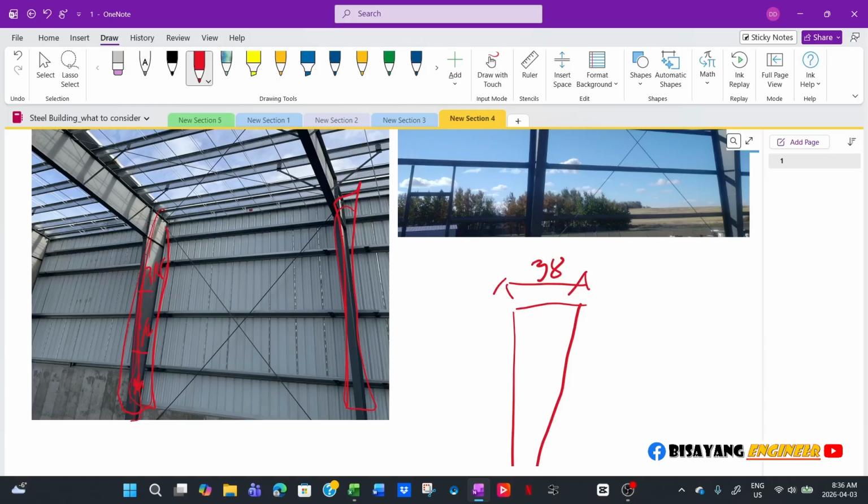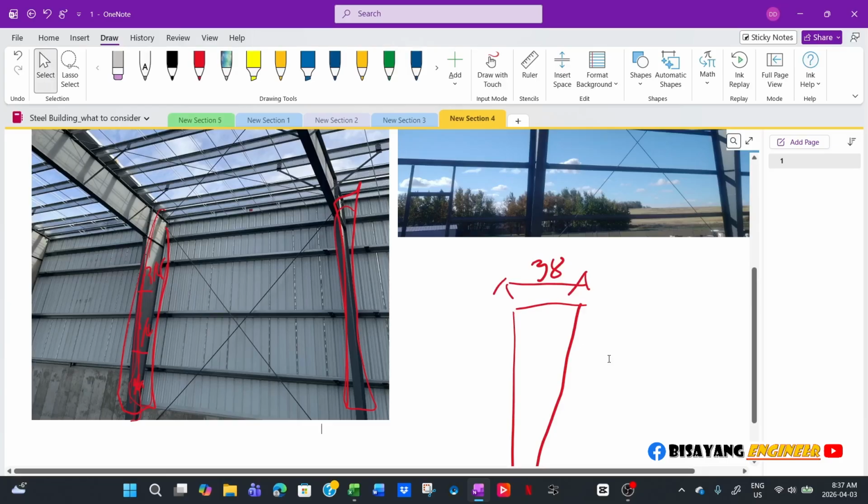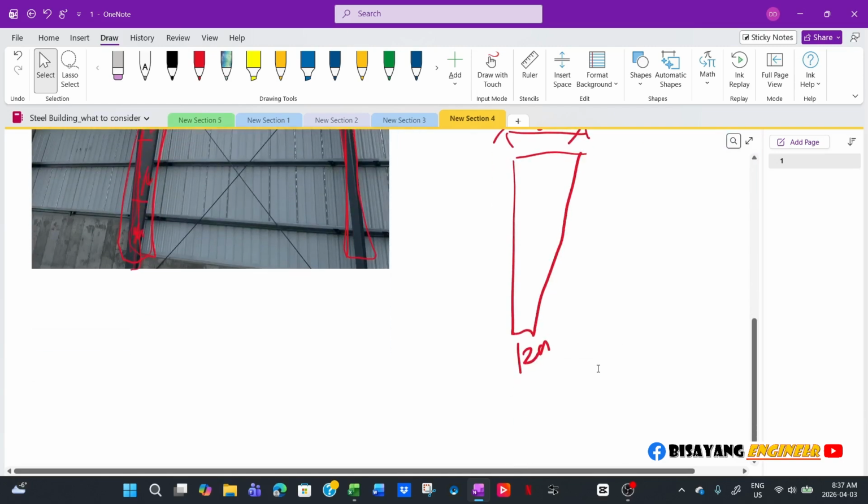Most of the time my calculation is conservative, but there are times that the reaction from the steel manufacturer is like 5% higher than what I calculated.